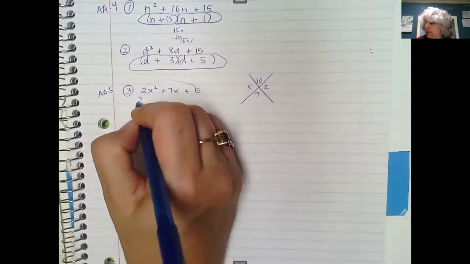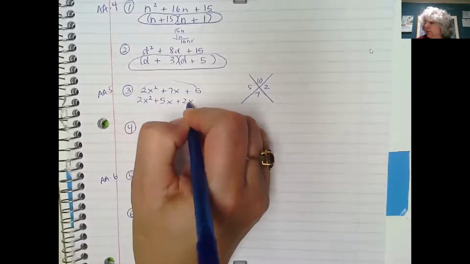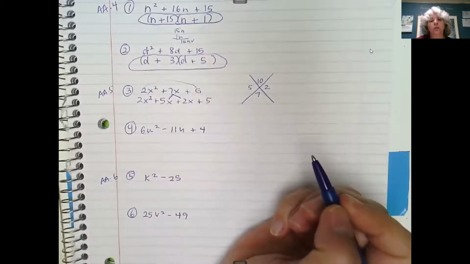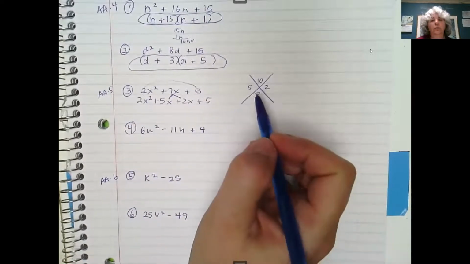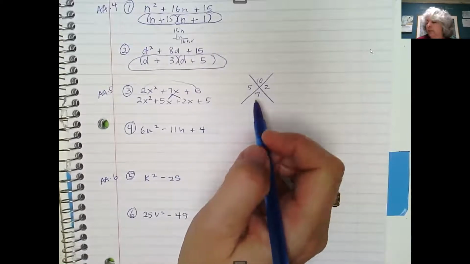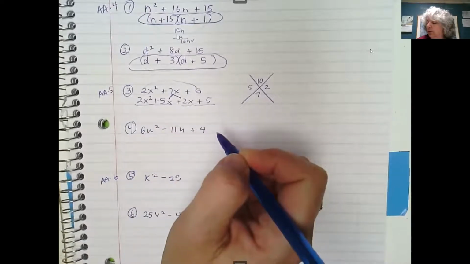And so I rewrite this as 2x squared plus 5x plus 2x plus 5. So I'm just replacing the 7x with 5x and 2x, as I know those will multiply to give me 10 and add to give me 7. The reason I replace them is now I can factor these by grouping.